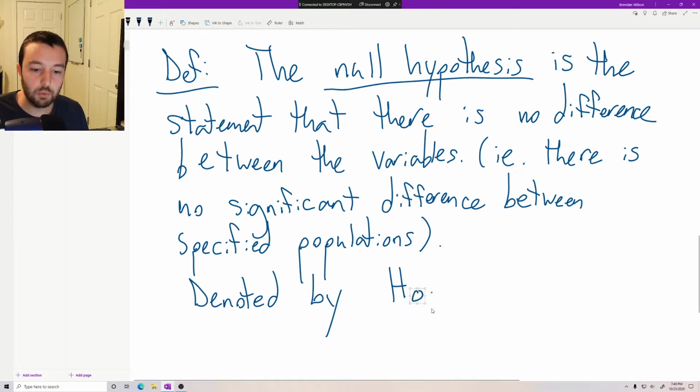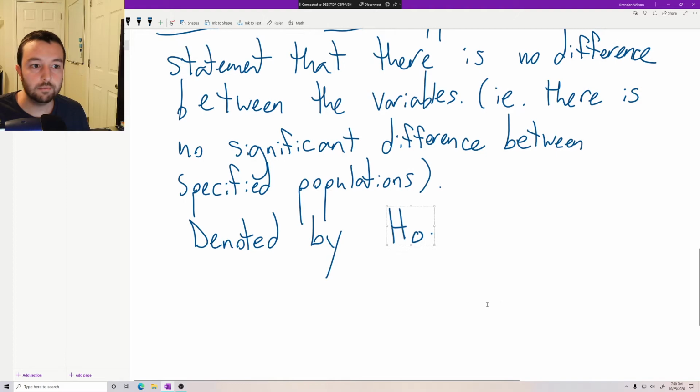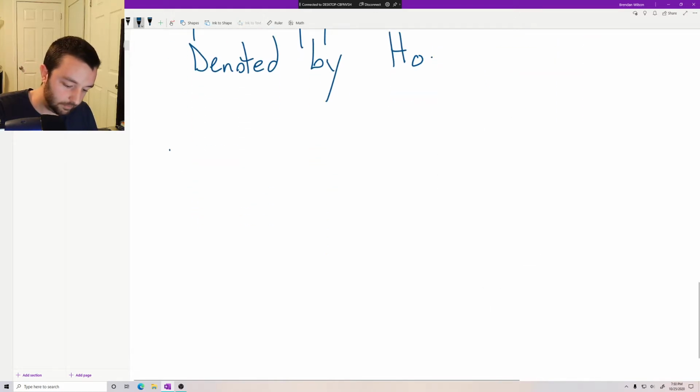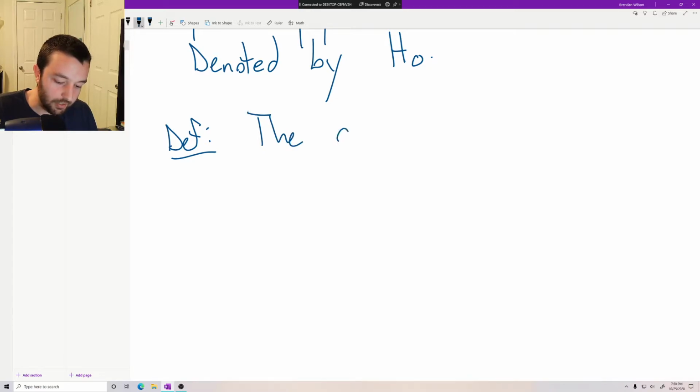Usually when we denote things with a subscript of 0, we call that null whatever, because null means like 0 or nothing. So we denote it with H sub 0. So the other one is the alternative hypothesis.